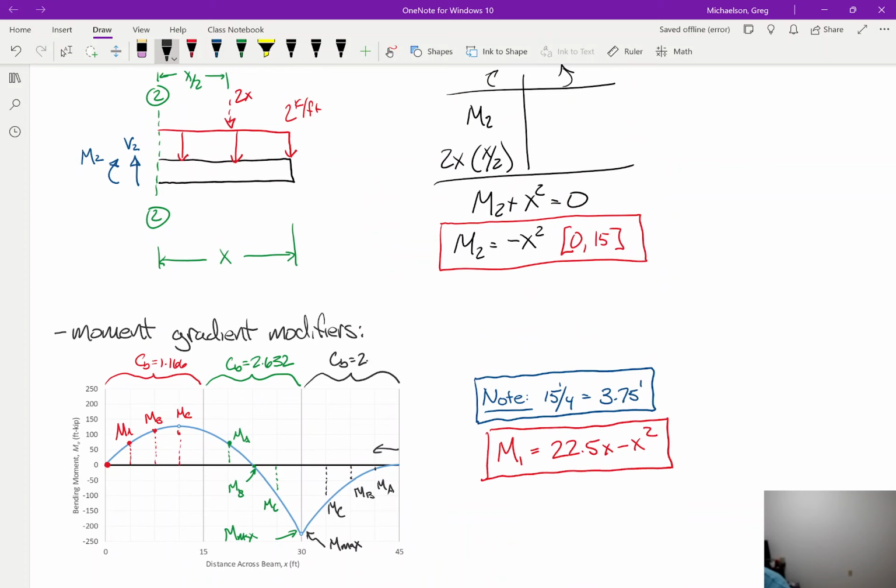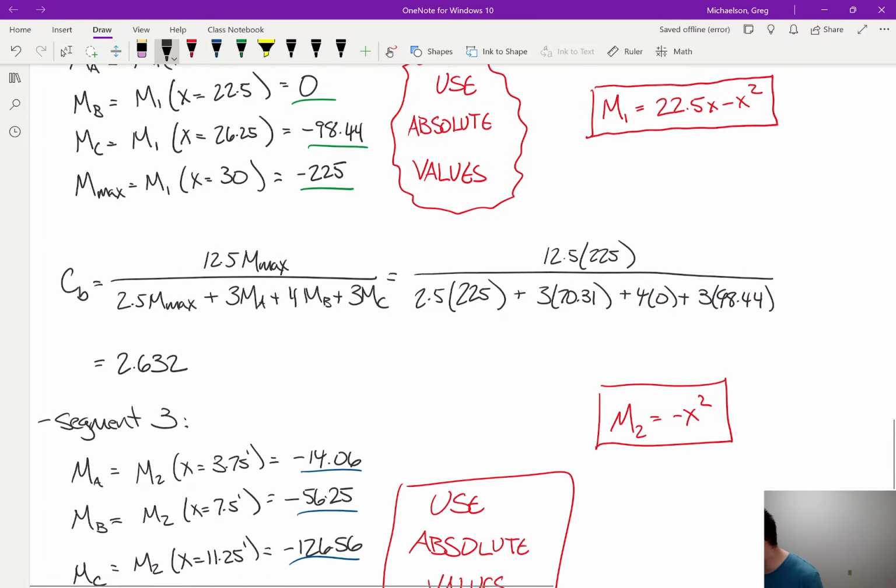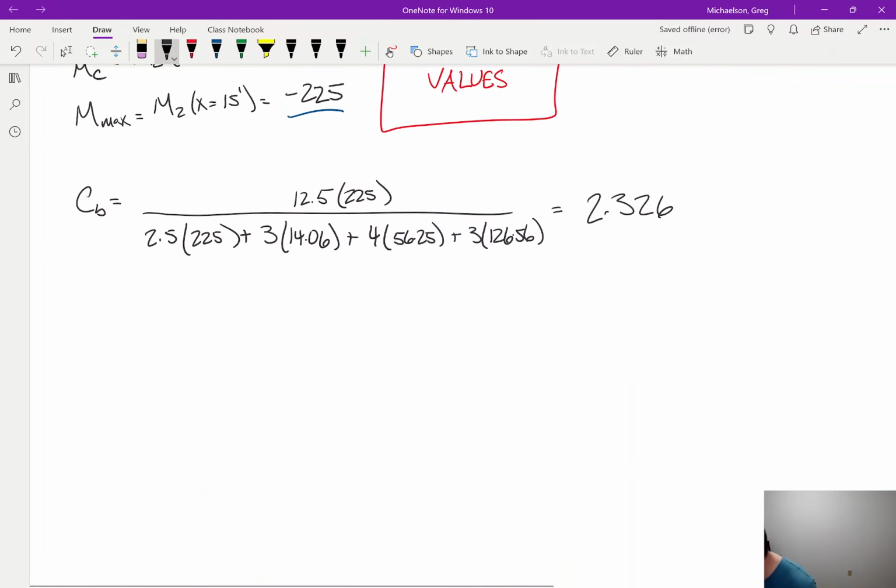CB is 2.326. Okay, and again, they're not exactly this, but you can kind of think of them as like the slopes of these moment diagrams, even though that's not really the case. But there you go. Here's our answers. So CB is 1.166.